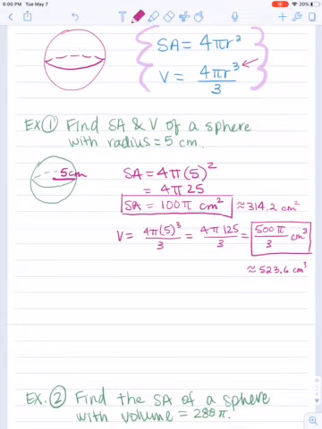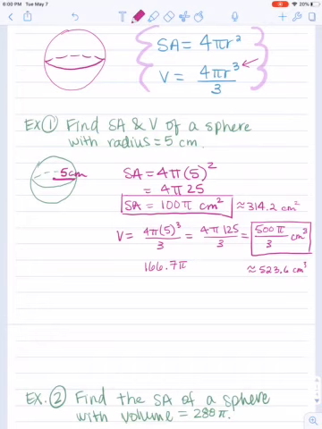What you do not want to do is, I don't want you to write this as 166.7 pi. Okay? You're mixing, I guess not irrational numbers together, but you're mixing this rounded number with pi.